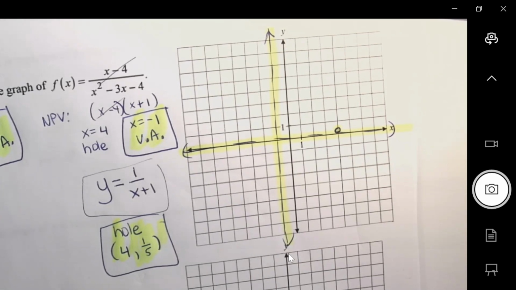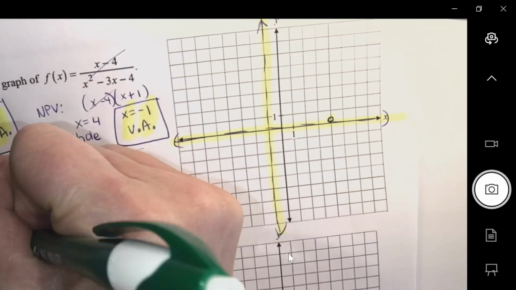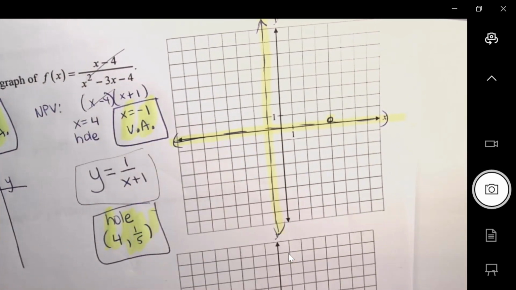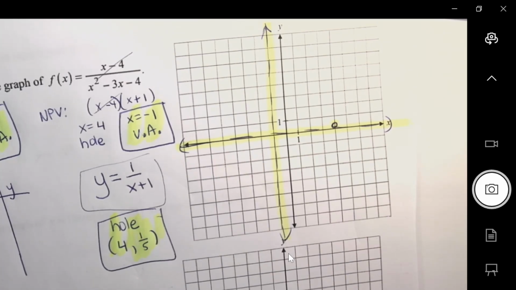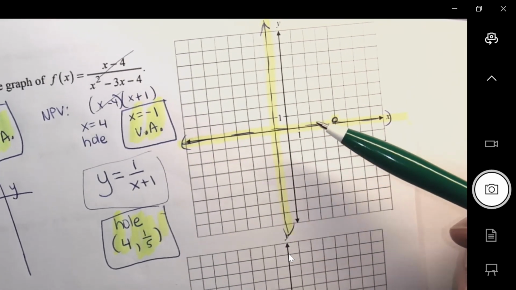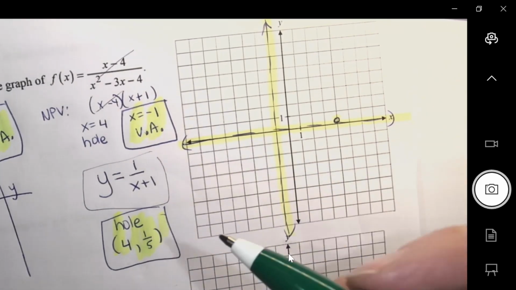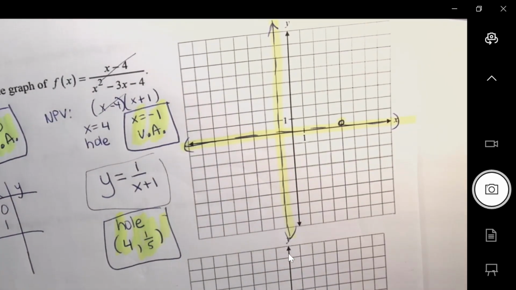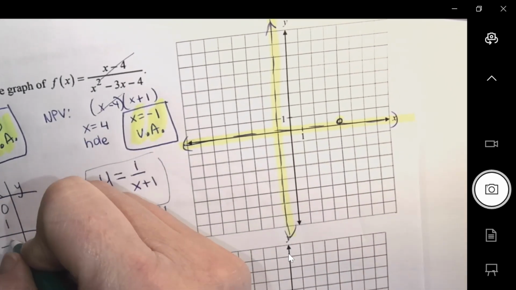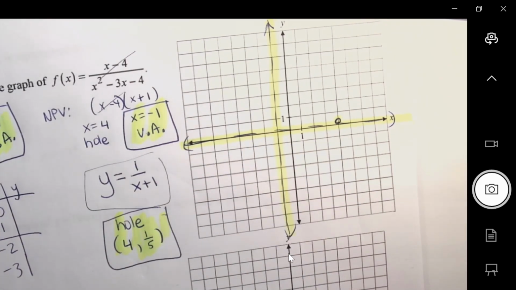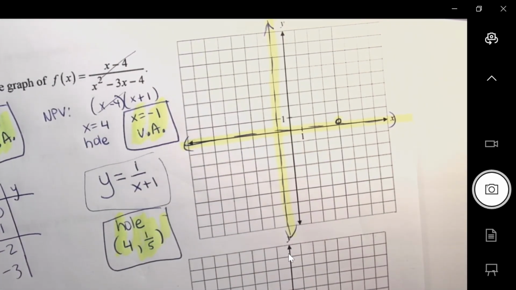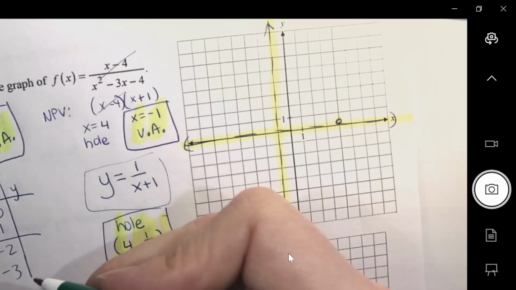Okay, those are the big ideas, right? Now the rest of it, you just do a t-chart, plug in a couple x values. So I always pick 2 x values on each side of the asymptote. So 0 and 1, -2, -3. And then you make some points. You should understand the shapes always go kind of with the asymptotes.